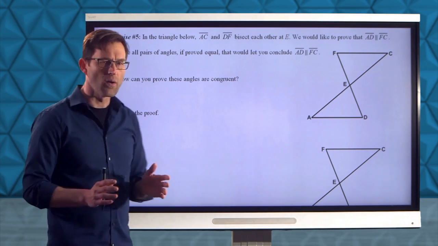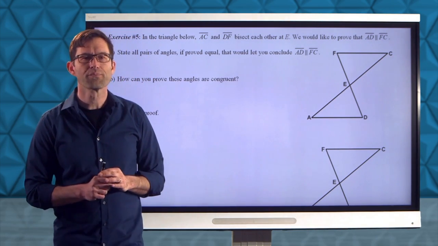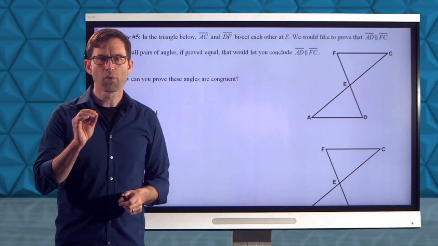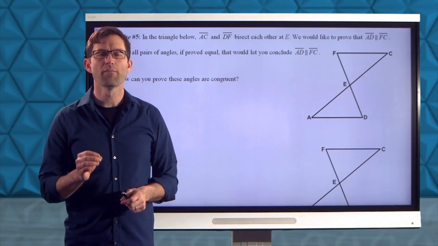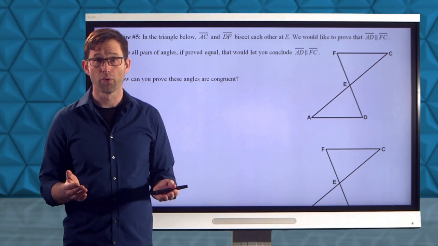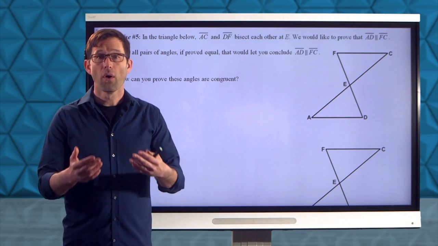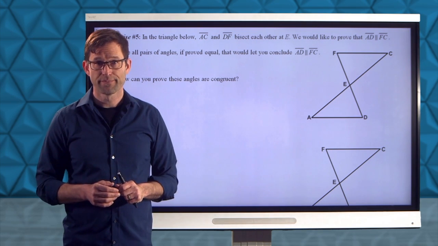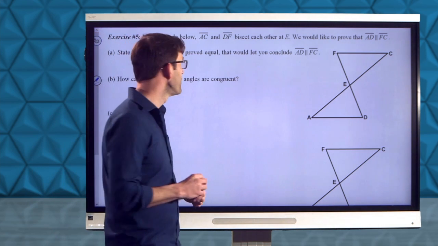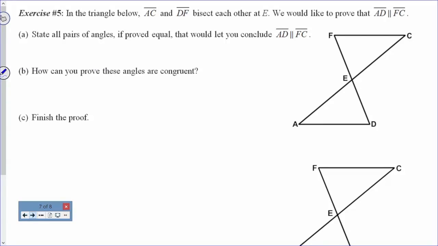Now the final piece is that we have to be prepared to use what we've been working with in terms of triangle proof and also bring parallel lines into it. So let's take a look at this last problem. Exercise number 5. In the triangle below, AC and DF bisect each other at E. We would like to prove that AD is parallel to FC.